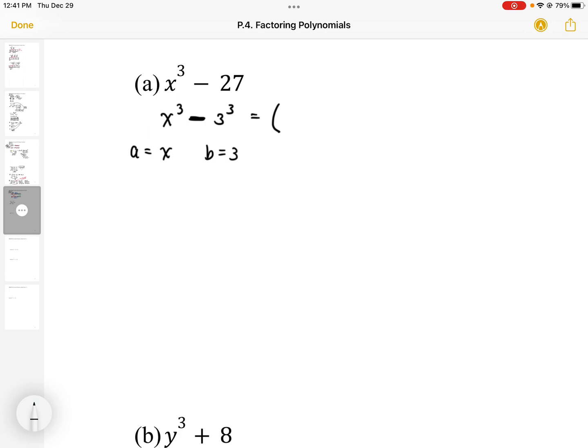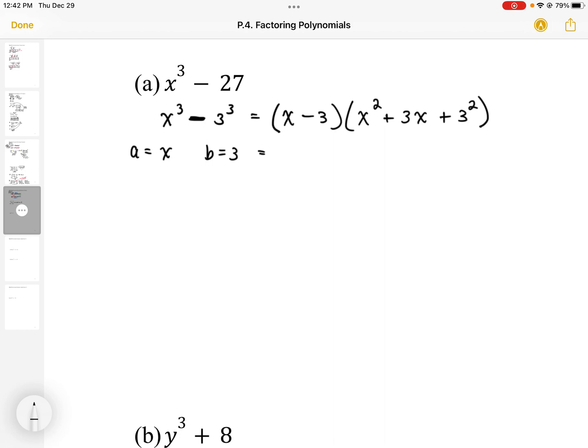It's our base. So we have x minus 3, so that's the same sign. x squared, we have a different sign. Now we just multiply our two bases together, so it's x times 3. I'm going to write that as 3x plus 3 squared.